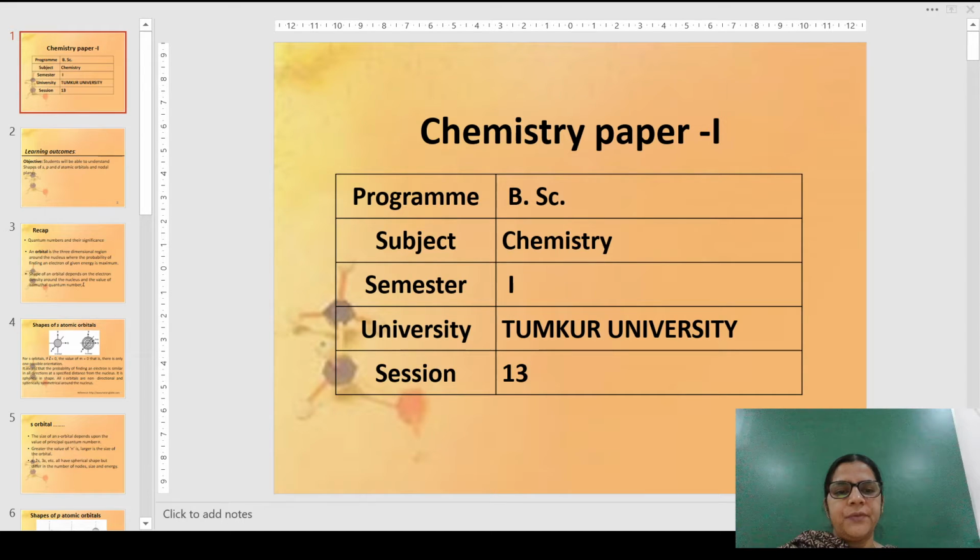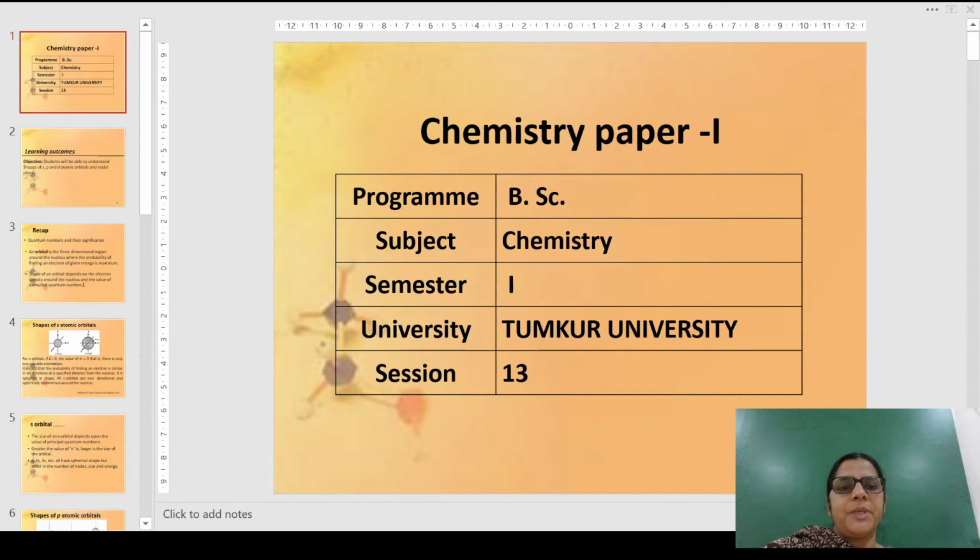P orbitals have 3 different orientations based on m, and these are designated as px, py and pz, depending on whether the electron density is maximum along the x-axis, y-axis and the z-axis respectively.